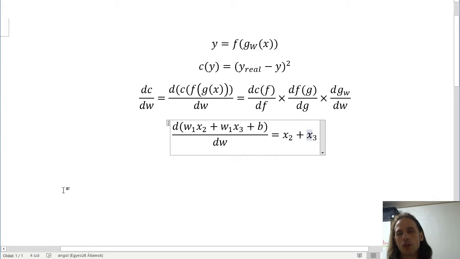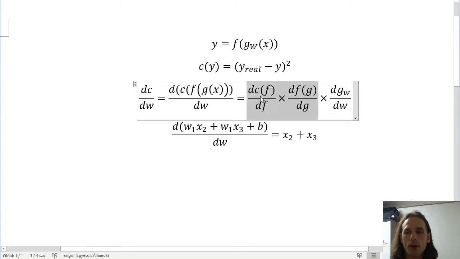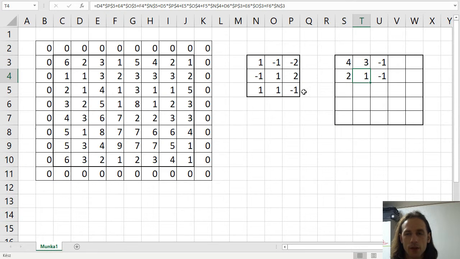And of course you should also not forget that you have to multiply by what came before. So that's how that works.